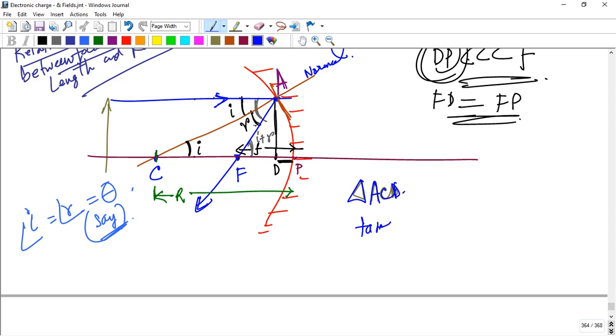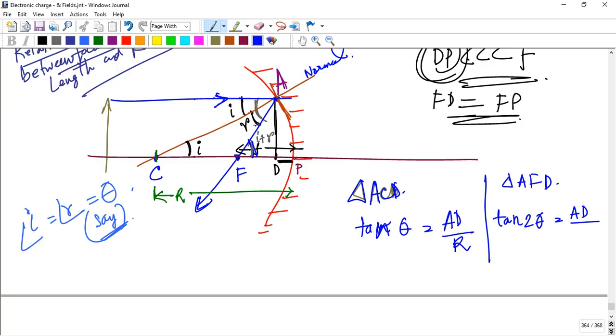Tan I, that is tan theta, equals the perpendicular AD by CD, and CD is R. Now another triangle, AFD. Now this angle will be I plus R, so theta plus theta is 2 theta. So tan 2 theta equals AD by this length, which is F.